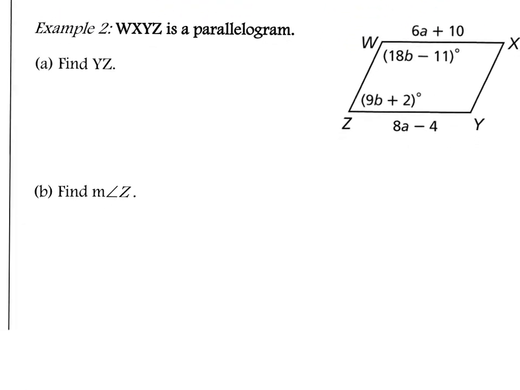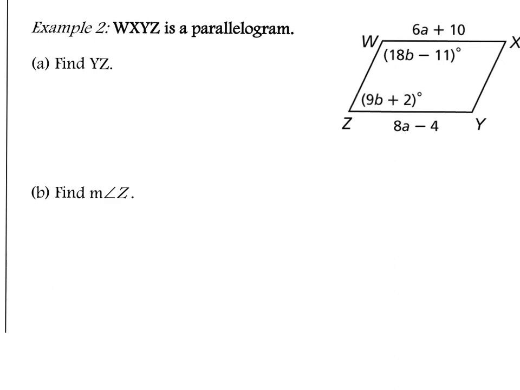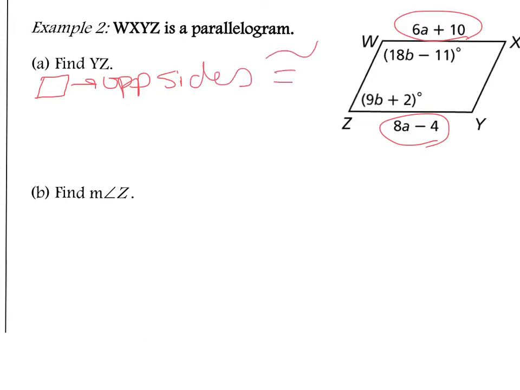Same story with example 2, but with algebra. So find YZ. So YZ is this side, so I'm going to use his opposite side. What do I know? In a parallelogram, opposite sides are congruent. So that means I can set up 6a plus 10 equals 8a minus 4.